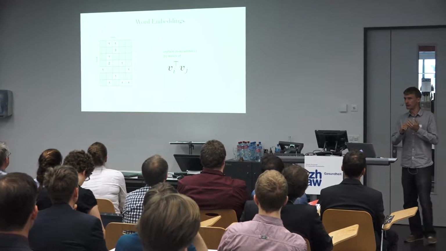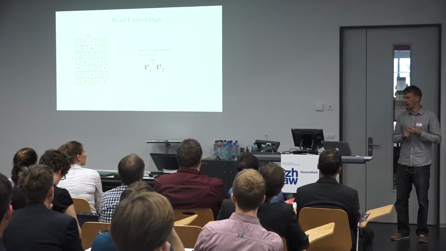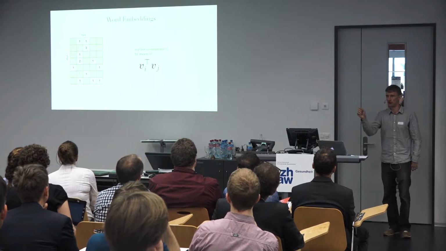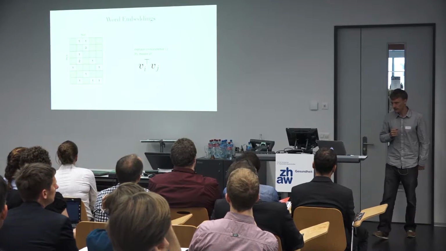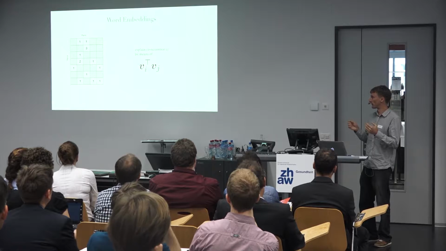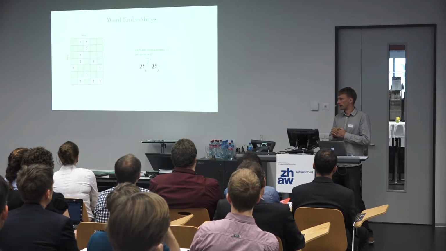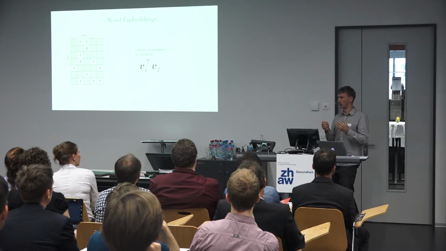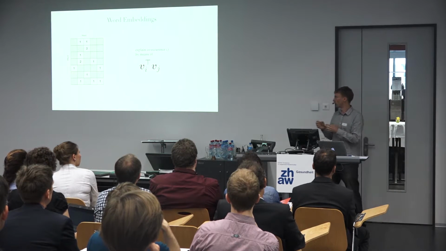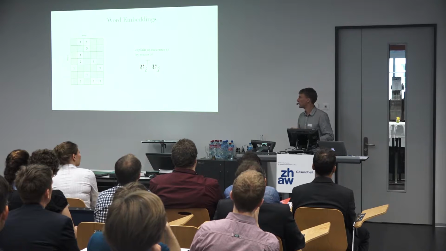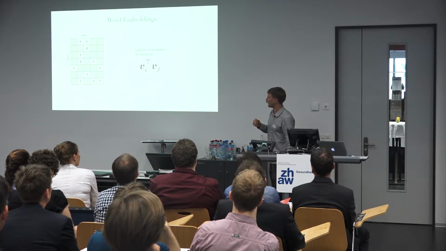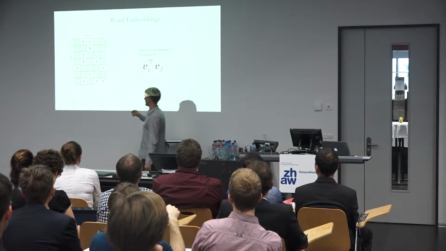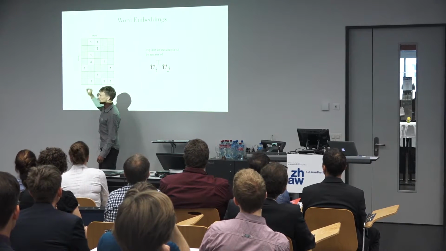Now what we want to do is find these embeddings of each word. So this v_i is a vector of like 50 numbers for each word. We want to find these vectors such that when I multiply them together, I get a number, and I want this number to be representative of the words occurring together. So I can try to approximate here the word i appearing with the word j 2 times.